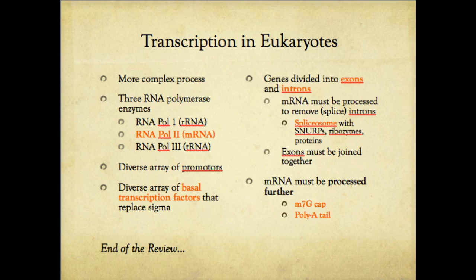Now, we've been talking about the process of transcription using the simplest model we have, which is bacteria. Remember that when we talk about transcription in eukaryotic cells, we're talking about a more complex process. First thing to remember is that there are actually 3 polymerase enzymes in eukaryotes, not just one, like we see in the prokaryotes.